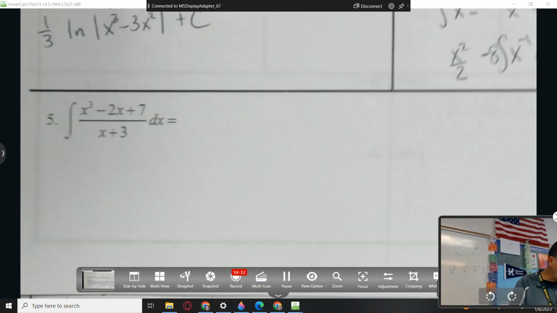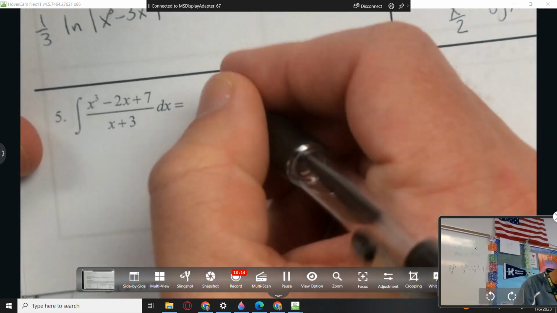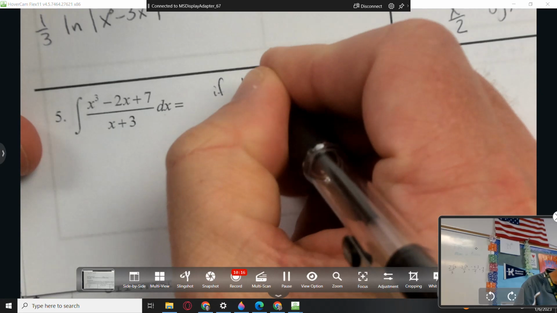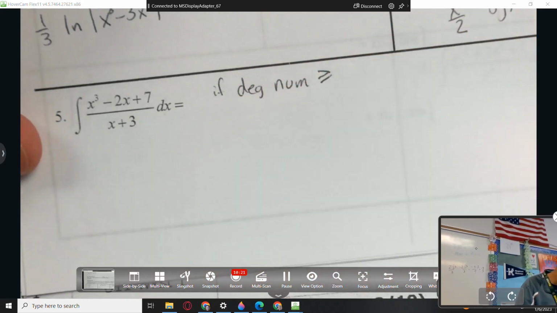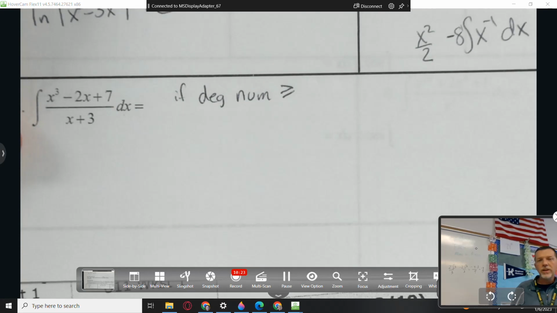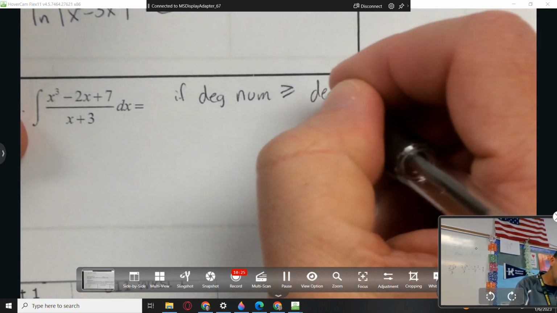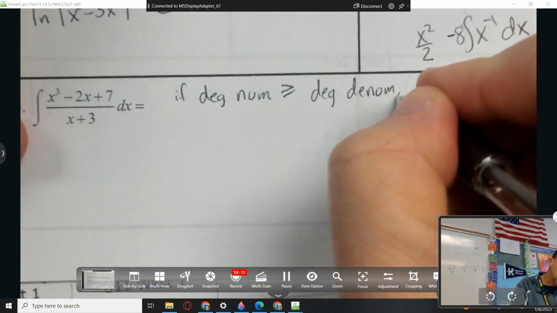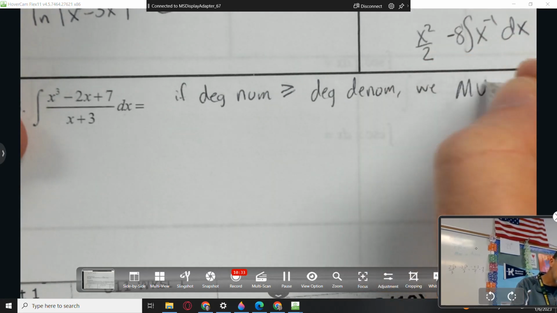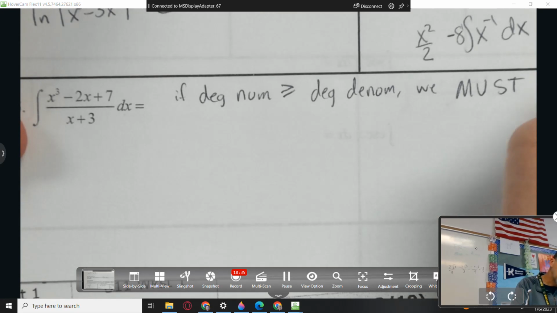Okay, there's a rule that we got to know here, and that is if the degree of the numerator is greater than or equal to the degree of the denominator, we must divide.